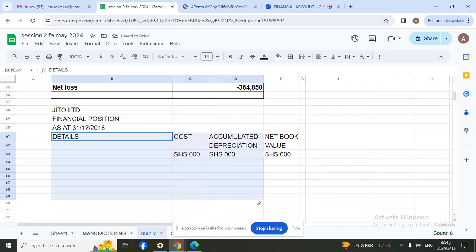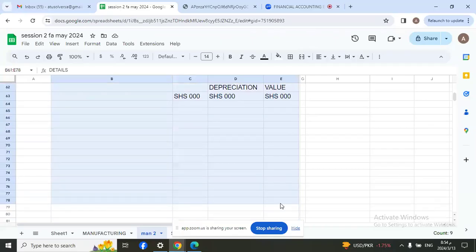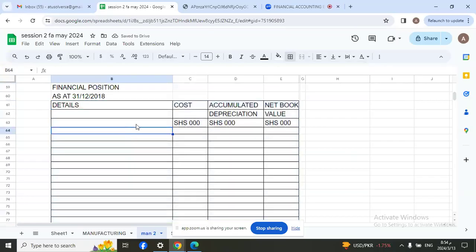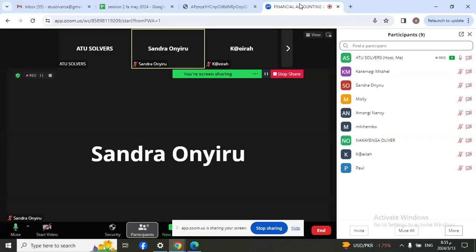So we do this, we draw our table as usual. We normally know what to put in. We start with non-current assets. So I'm going to write here non-current assets. Now, guys, people have started running.